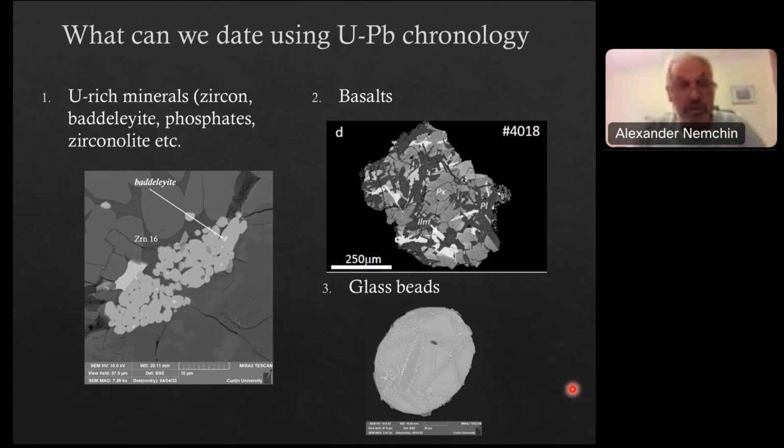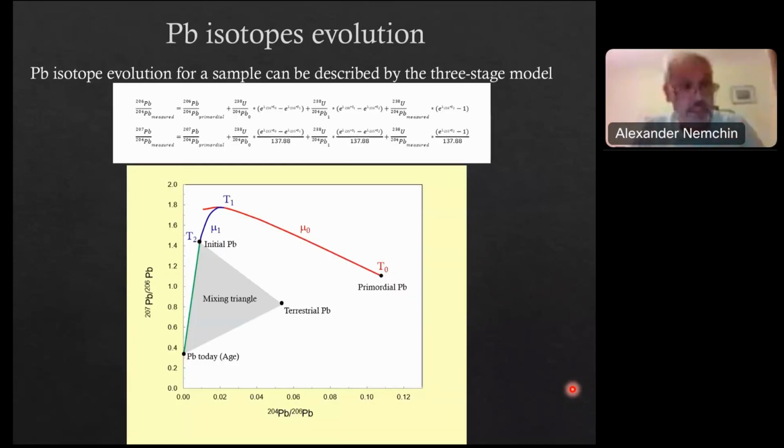We'll start with uranium-rich minerals in a minute. But before we go, just a little bit of overview. Any sample we analyze with U-Pb can probably be viewed within a three-stage model of lead evolution. We start with primordial lead at time 0, the time of formation of the Moon, or the lunar magma ocean, whichever way you like to call it.